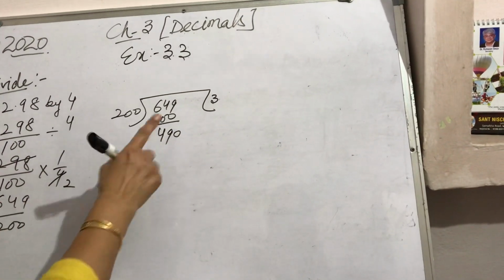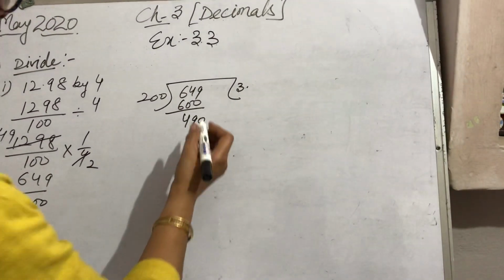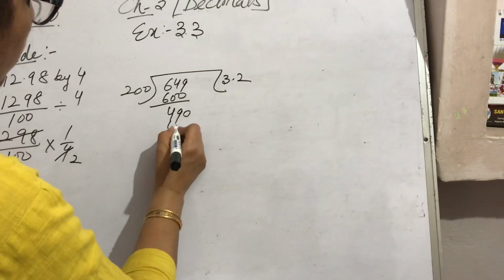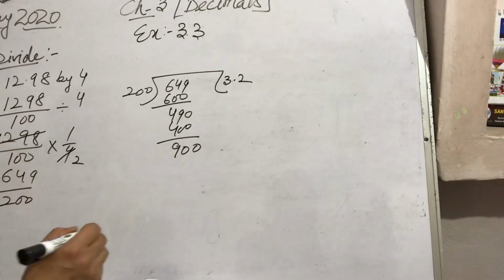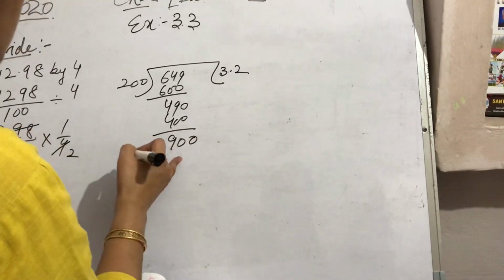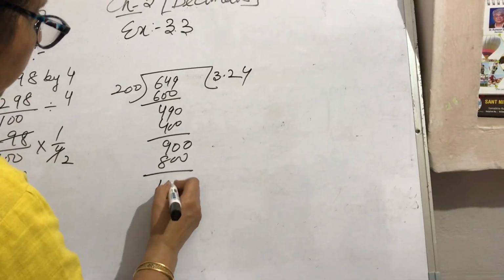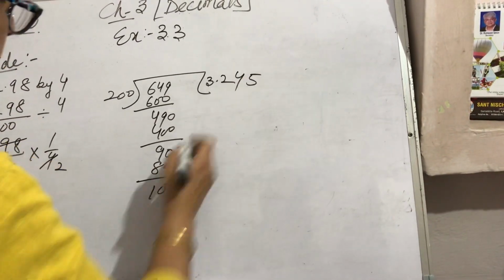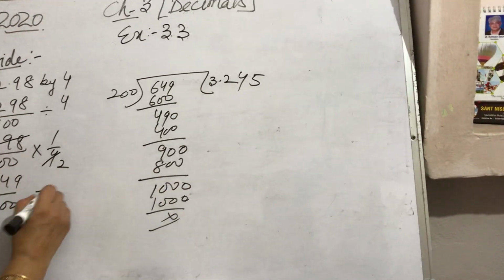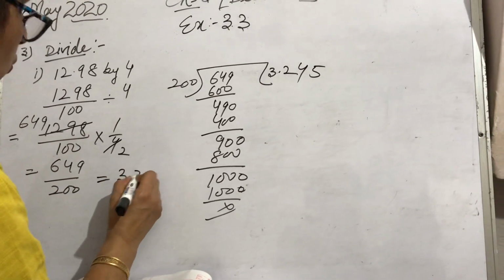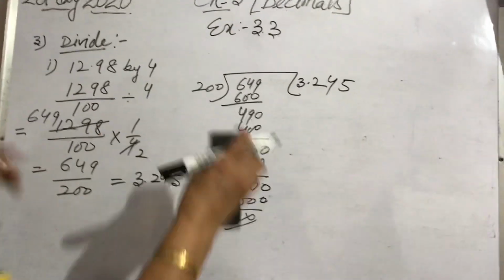When we use 0, at the same time we'll use the decimal. Now 400 plus 200 to the 490, again 0. Now you can use so many zeros. 4, 200 4s are 800, again 0, 5000. Now we have 3.245, this method, but this is a long method.